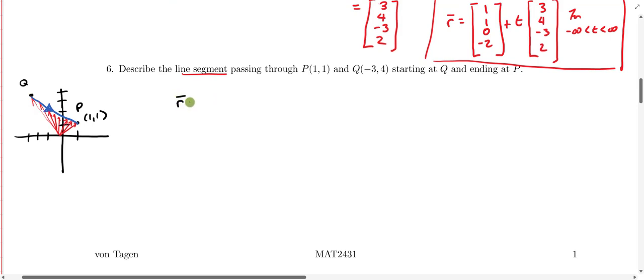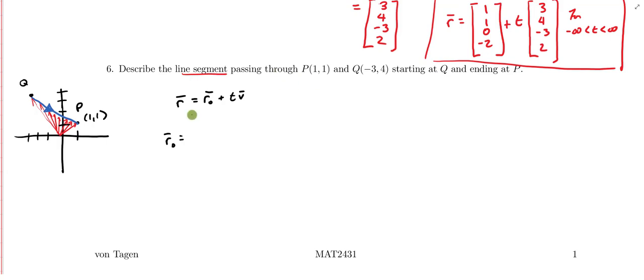So just as we did before, we're going to build the equation of the line. Our equation of the line is still just r = r0 + tv. And r0 in this case is going to be my initial position. I'm going to do this on purpose, folks, so bear with me, because I could take any point that I know on this line to start describing the line segment.